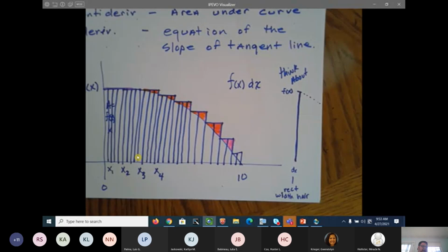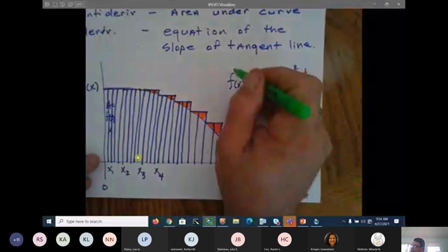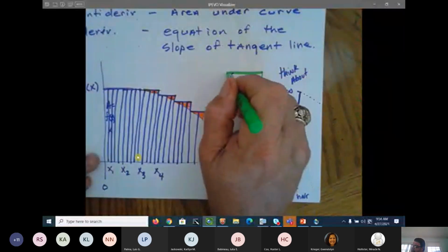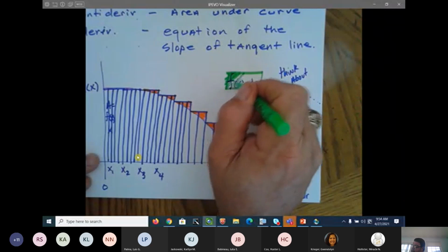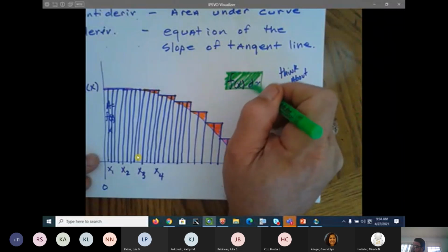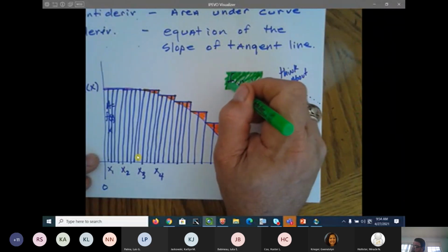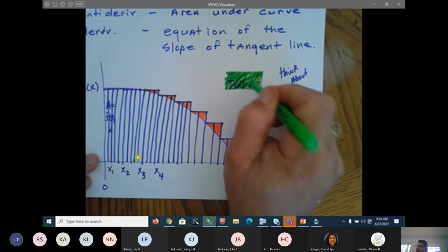And that is the basis for, and I'm going to put that in green, because that is the basis for antiderivatives. That's your base, that's your benchmark for antiderivatives.